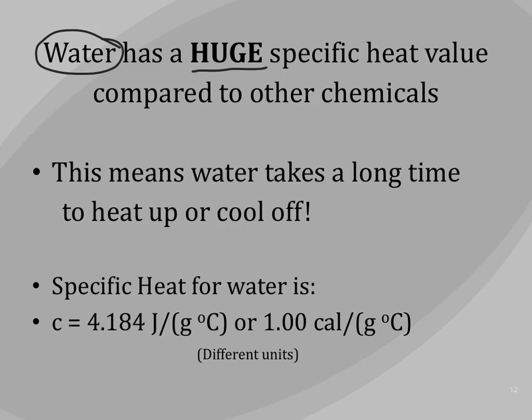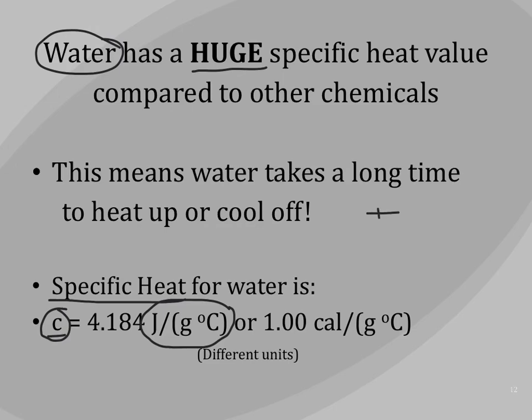But that means that since the specific heat value for water is large, it takes a longer time to cool off or heat up. So when we look at specific heat, you'll see C was the variable I talked about, but it actually has an interesting unit of measurement.